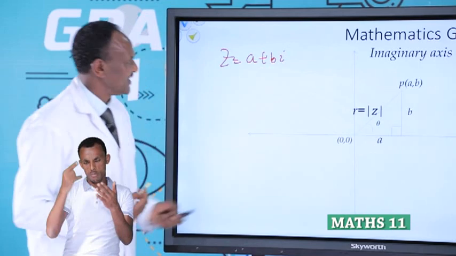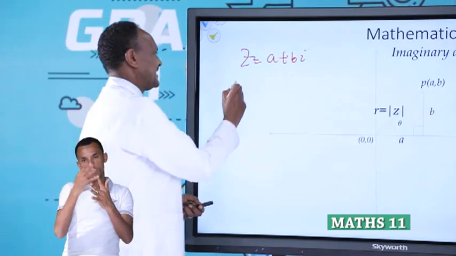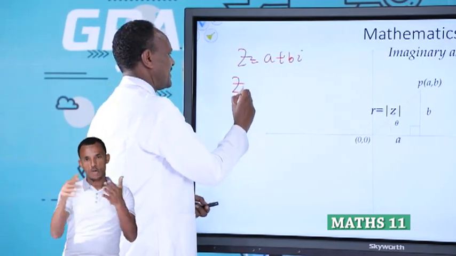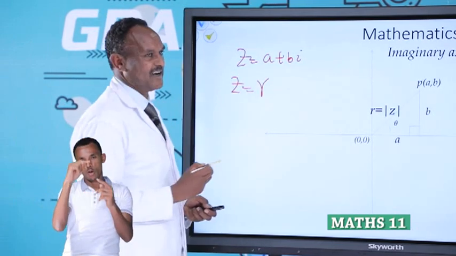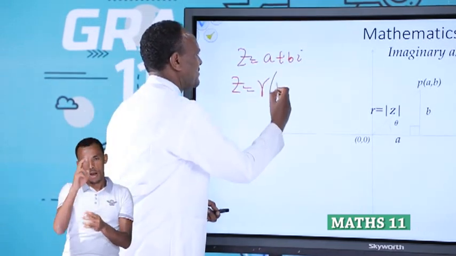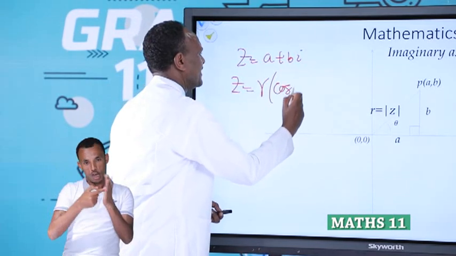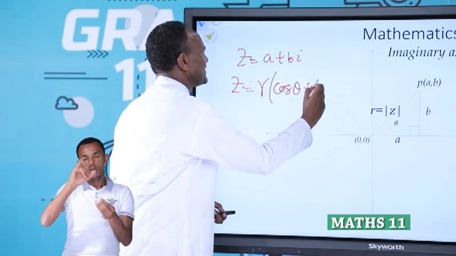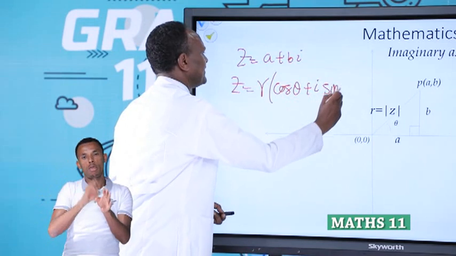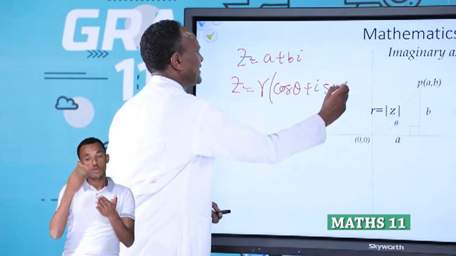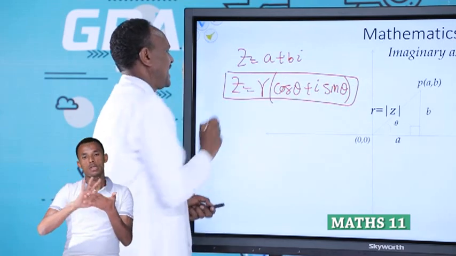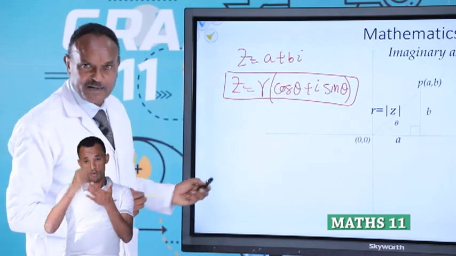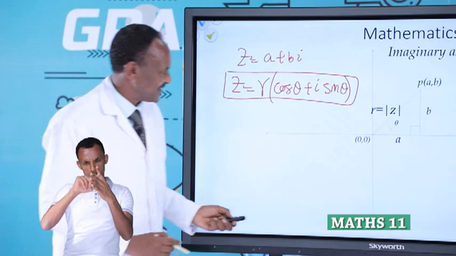In the previous discussion at the beginning of the class, I said that this complex number could be expressed in polar form using trigonometric functions: r multiplied by cosine of theta plus i times sine of theta. This is the polar form of a complex number. How I got this formula, you have seen at the beginning of the class.